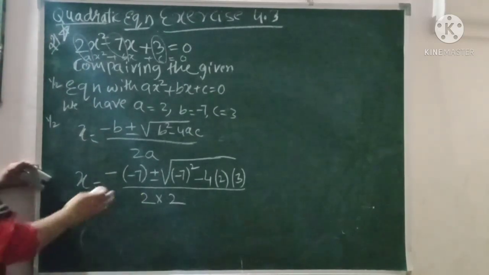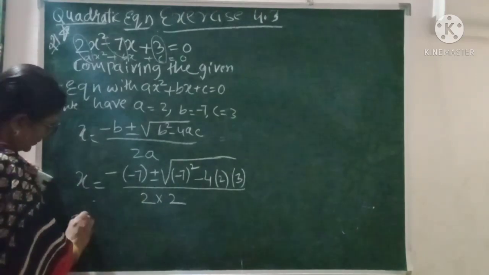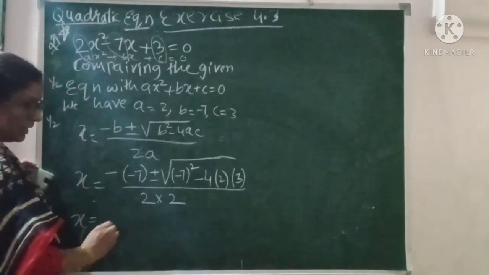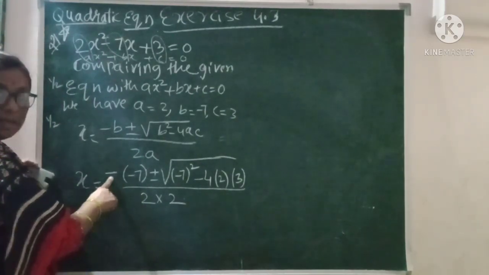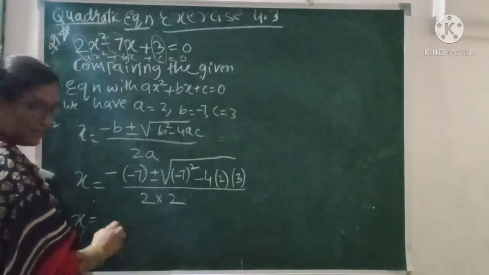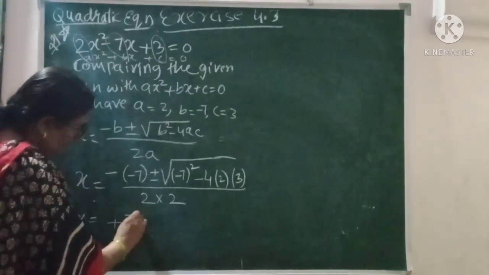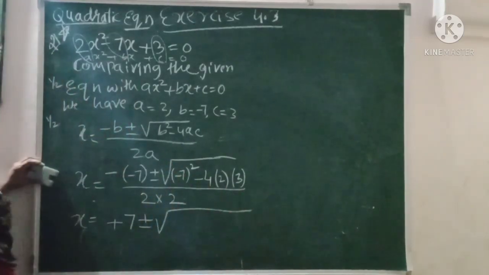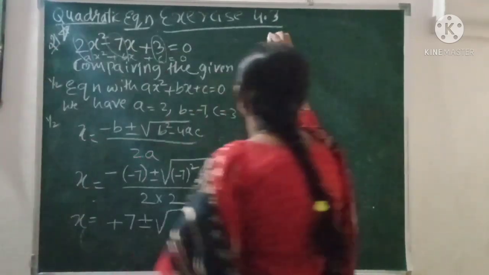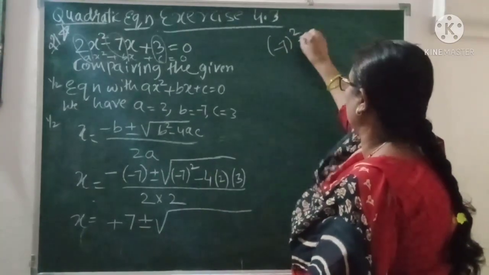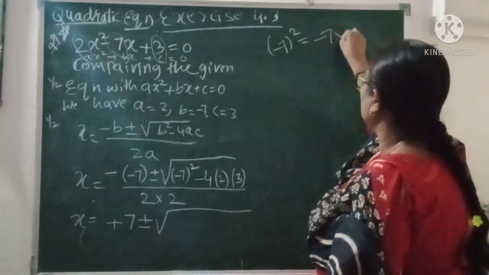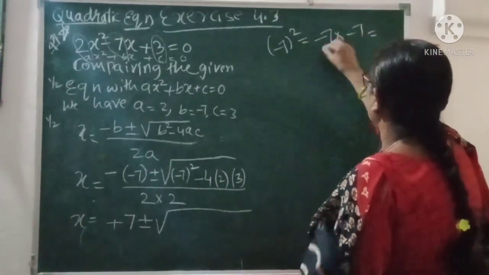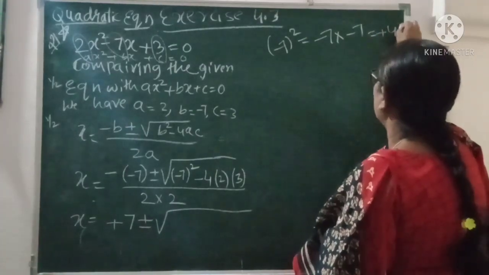Now we will simplify in a simple way and easily, not making any hurry here. Minus 7 and minus is plus 7, plus or minus root minus 7 square. Minus 7 square means minus 7 multiplied 2 times, minus minus plus, it is 49.